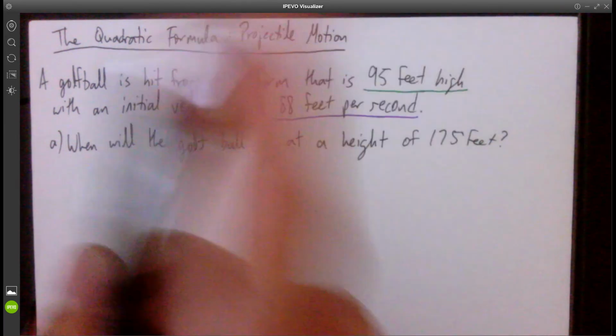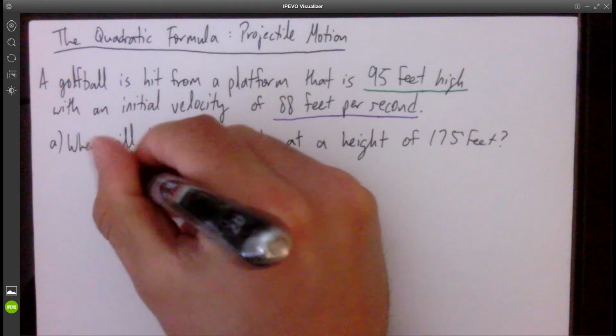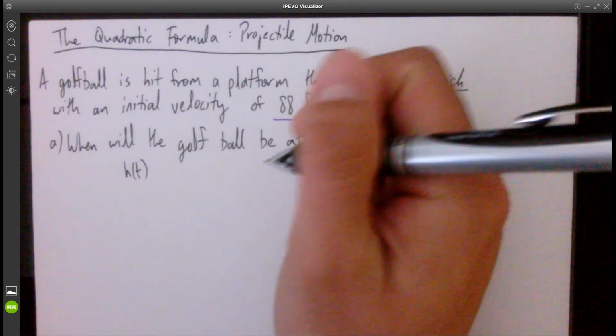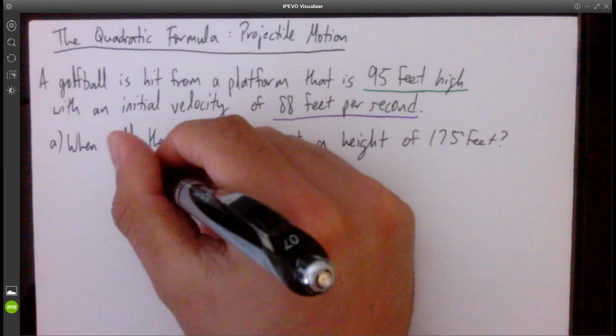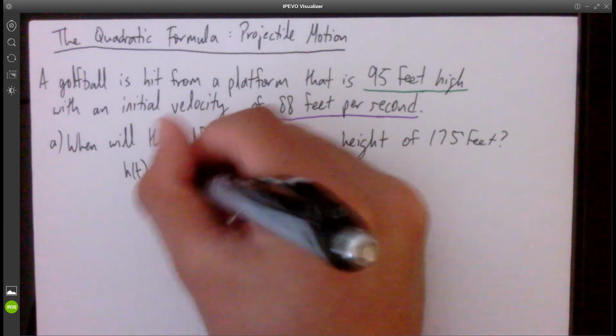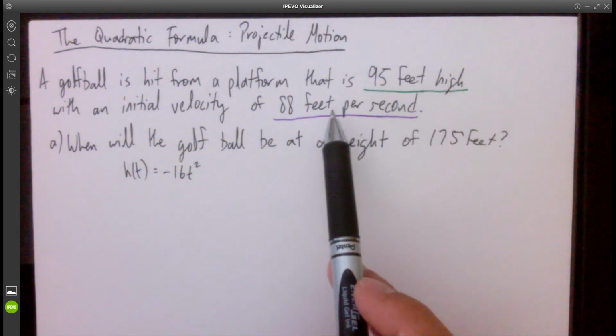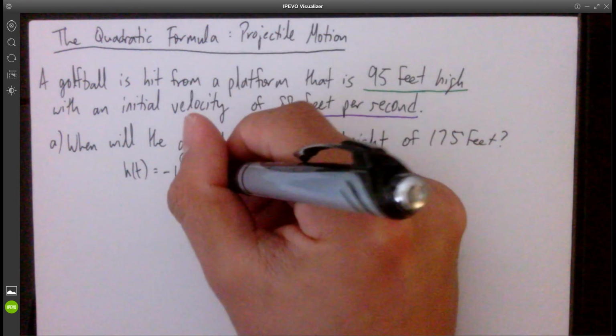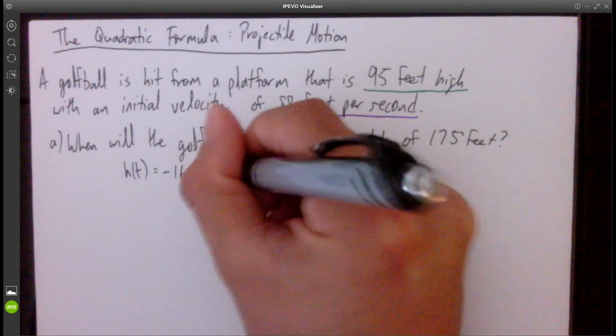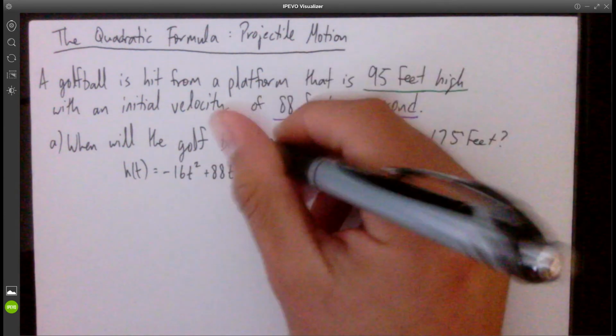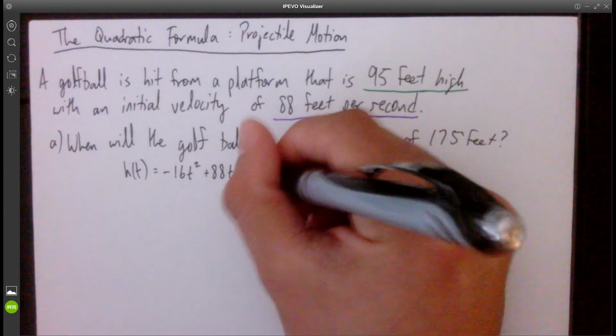So my function h of t, height with respect to time, is equal to negative 16 t squared plus 88 t plus 95.